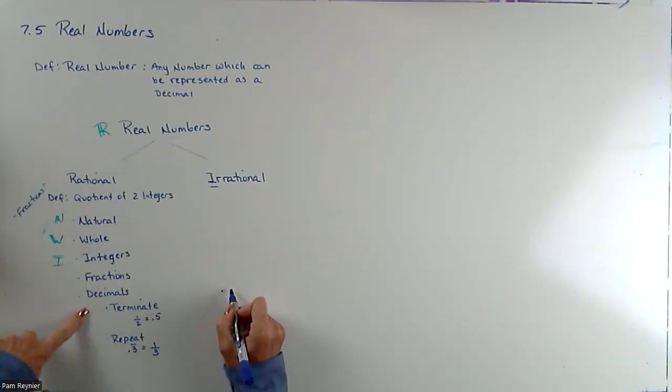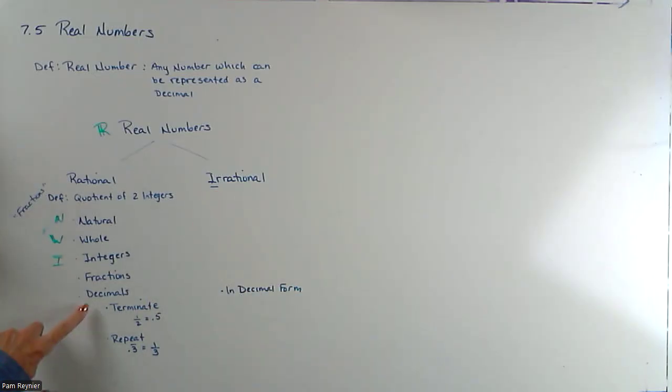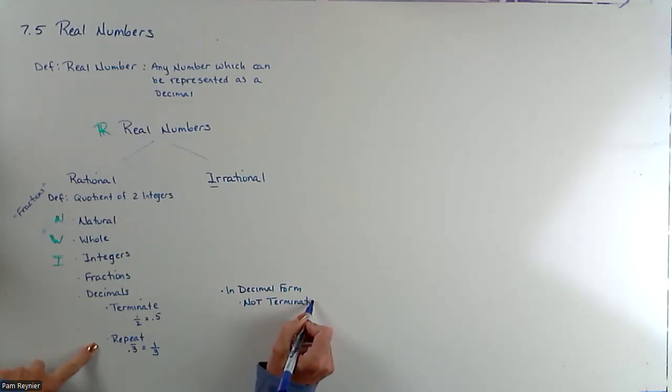So in decimal form, remember, ir means not. It's not terminating and it's not repeating.